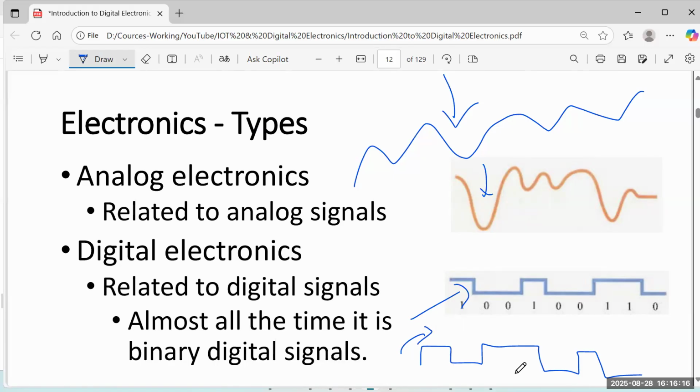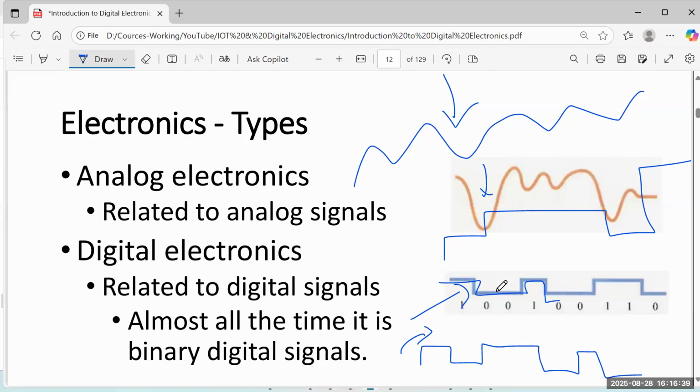So when we say digital electronic device, we almost all the time refer to a binary digital electronic device. So rather than having multiple levels, we have settled on two levels. In analog electronics, these things change gradually, but here all of a sudden it changes from one to zero, zero to one, high potential, low potential.